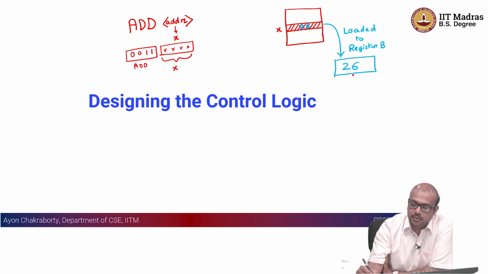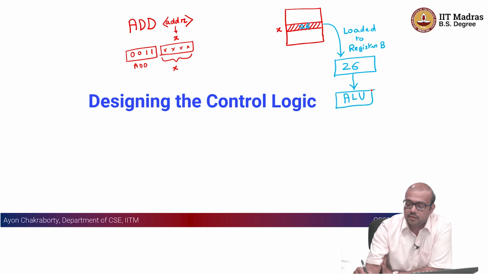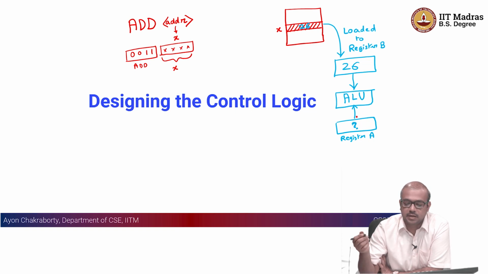Next, since it is already in register B, the ALU is getting access to this value. Before that it was not getting access, it could have been a garbage value. Now it is getting access, and there will be some value in register A. This value I do not know, I do not care, but this value is required by the ALU, because this is an implicit assumption.